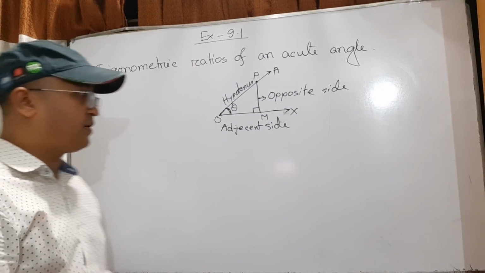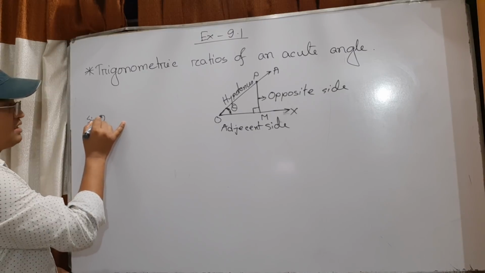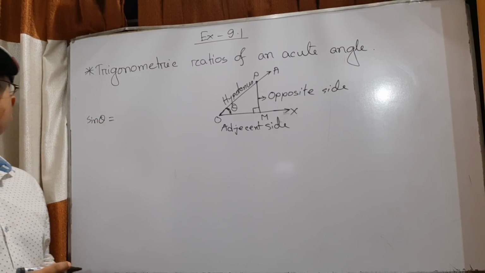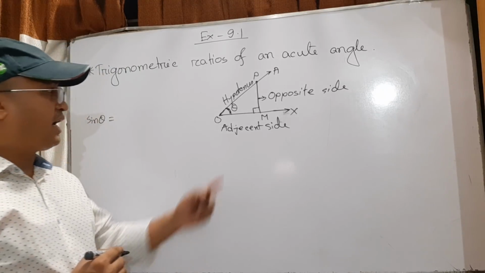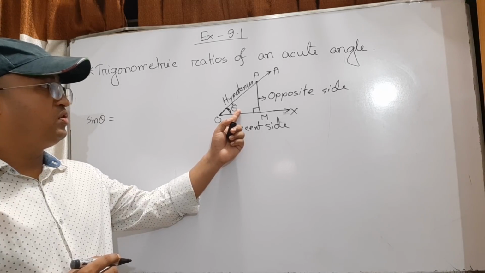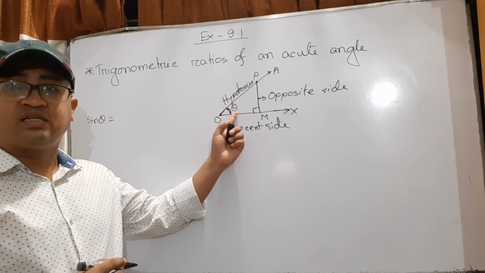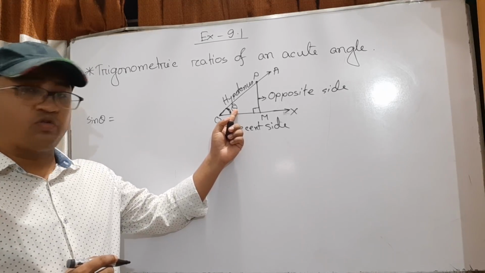First, sine theta. Look, sine theta. Sine is a trigonometric ratio, and for angle theta, we will find out the ratio according to this theta, I mean this acute angle.